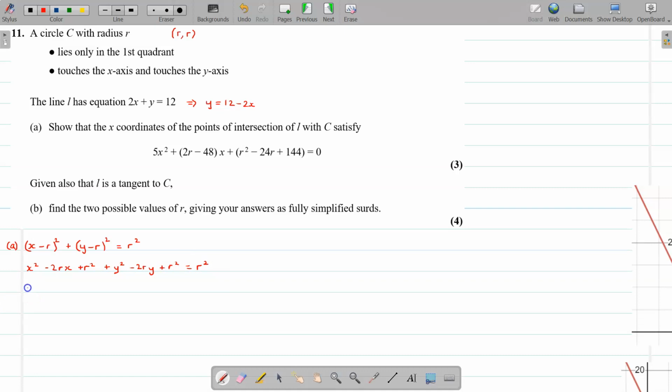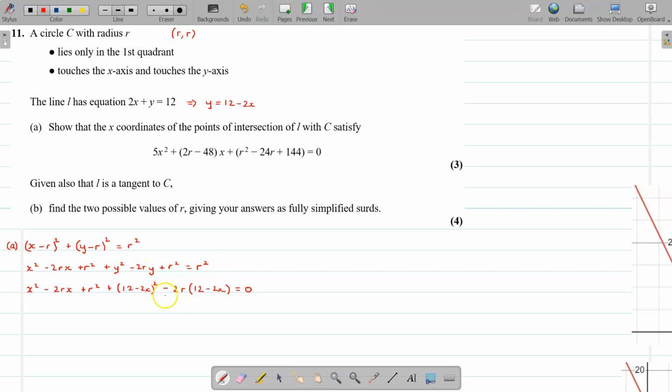Okay, so we're going to have x squared minus 2rx, okay, plus r squared, plus, now we're going to have 12 minus 2x all squared, okay, for that y squared there. Then we're going to have minus 2 times r times y, which is also another 12 minus 2x, okay, plus r squared equals r squared. Cancel those out, that will just give me that.